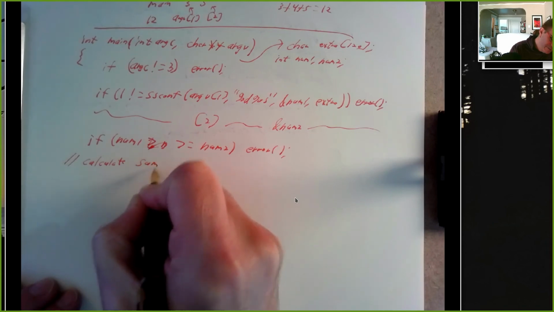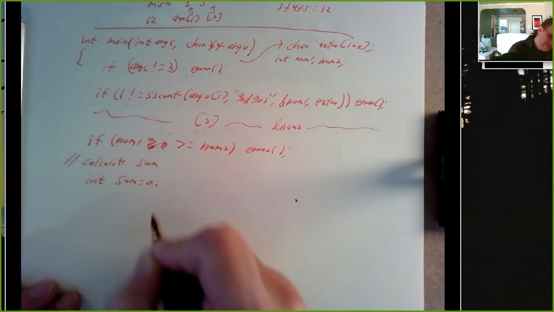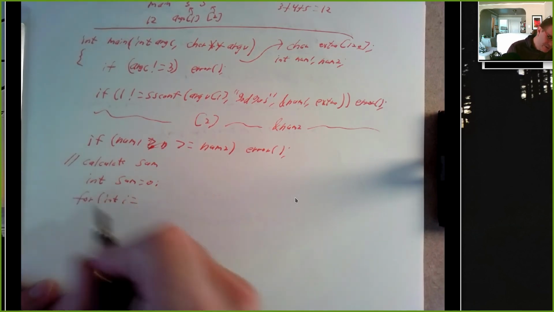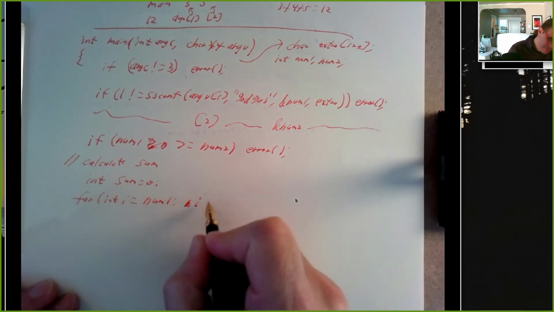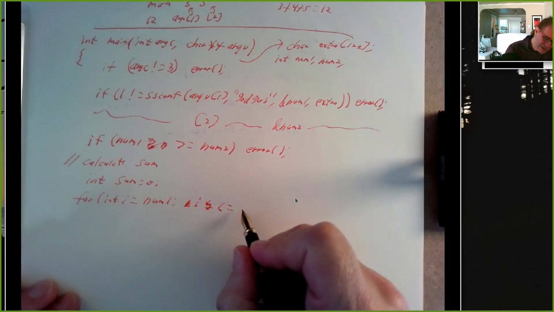All right, so calculate sum. Set a running sum equal to 0. Start an index at num1. We're going to go up as long as i is less than or equal to num2.